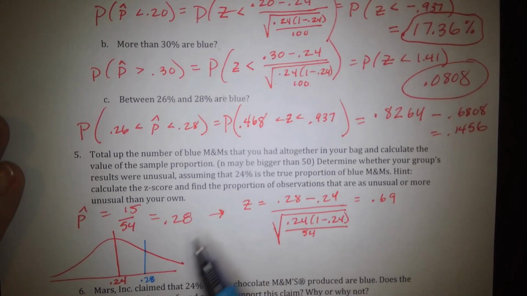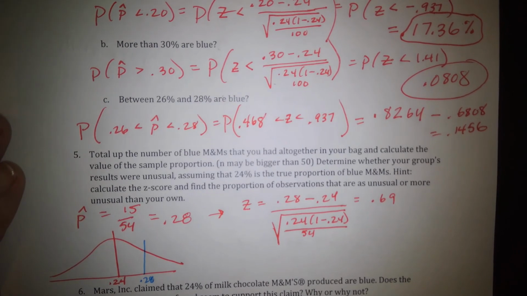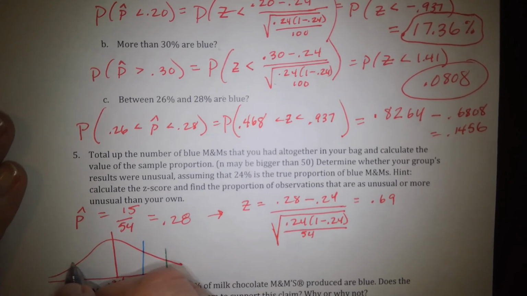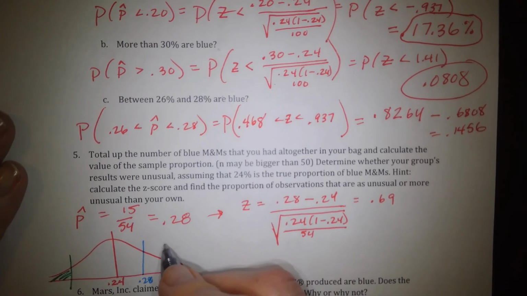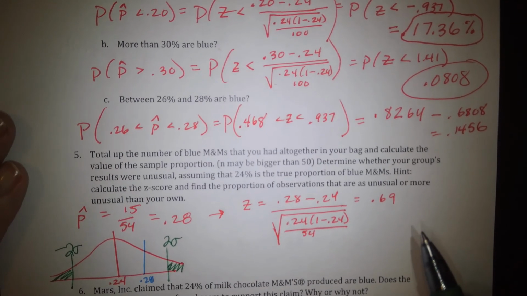And it wants to know if that would be unusual. Unusual usually states that you're on the outside of 2 standard deviations. Anybody out here in this green area outside of 2 deviations from the mean is considered unusual.